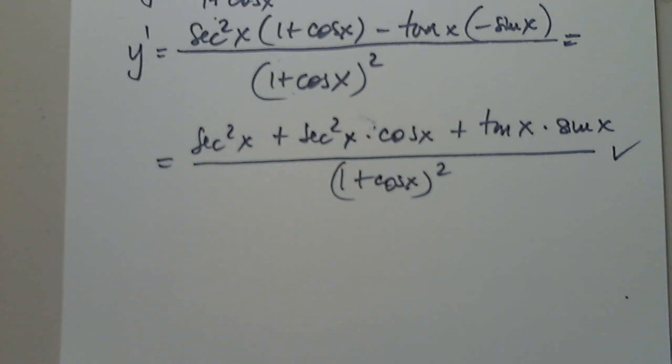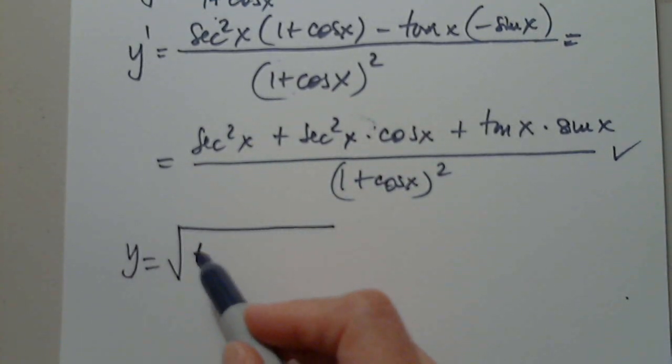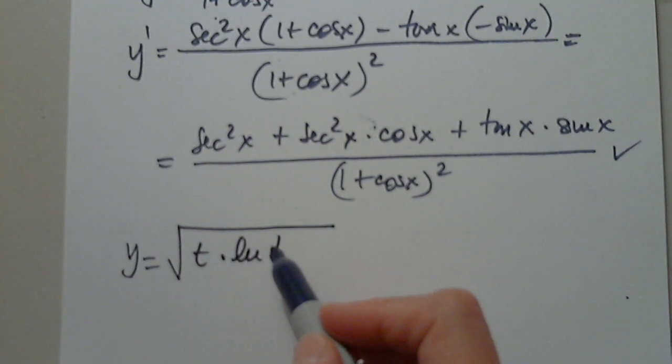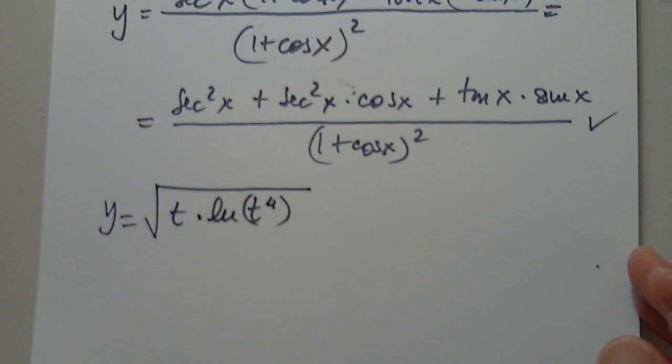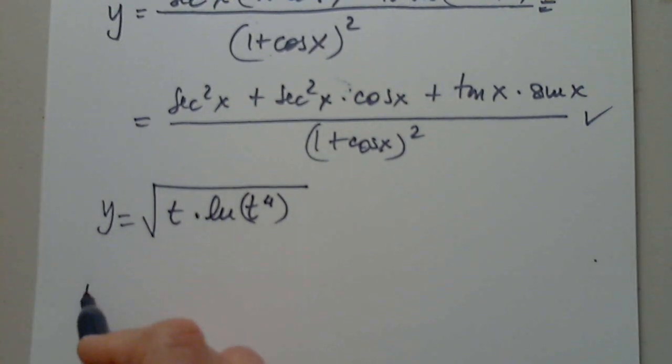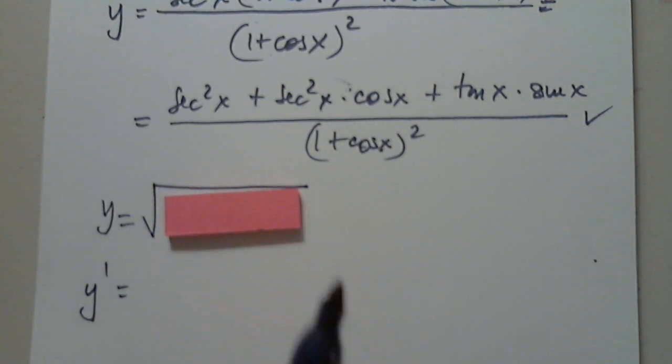What about, for example, y equals the square root of t times natural log of t to the 4th. First, we're differentiating the outer function. When I differentiate the outer function, what do I get?